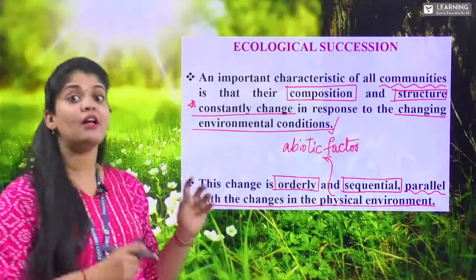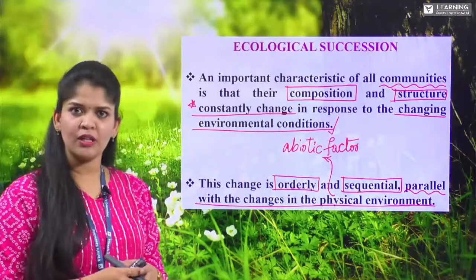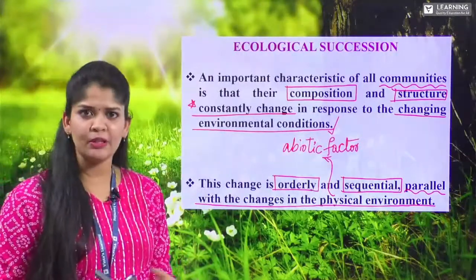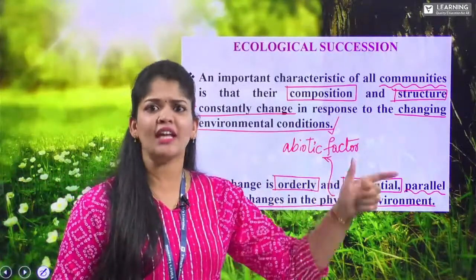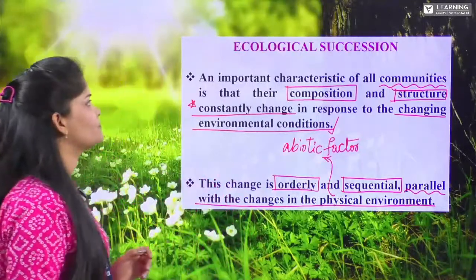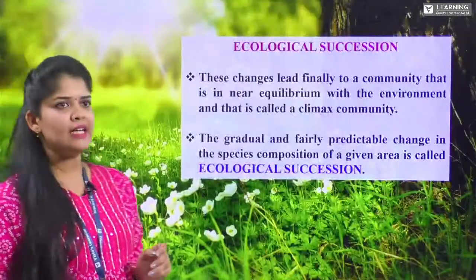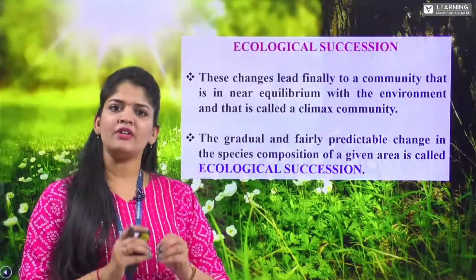That is so simple. And the important point is that the changes are gradual and fairly predictable in the composition of species in a particular unit area, and that is nothing but our succession. Up to now we understand that the environment never remains constant.